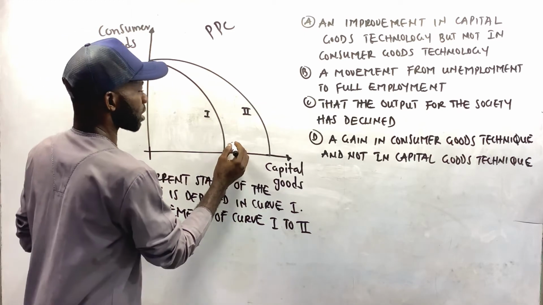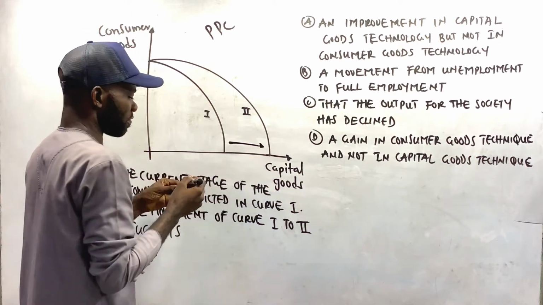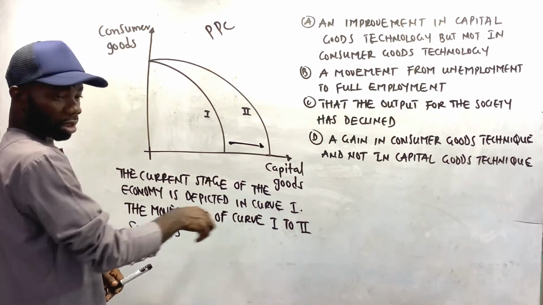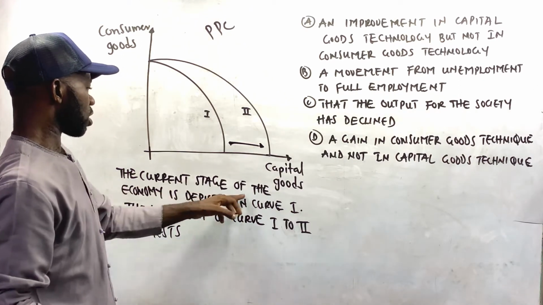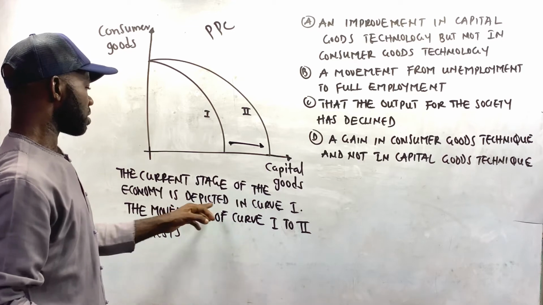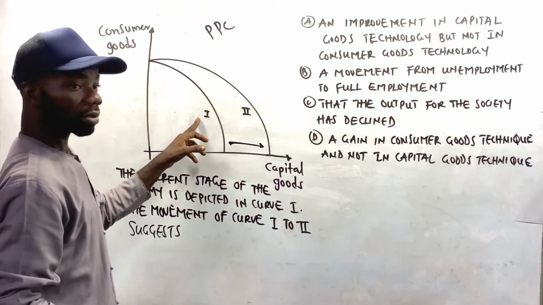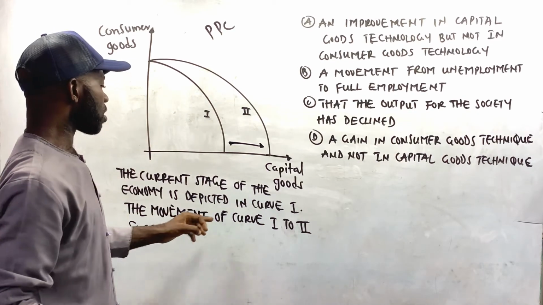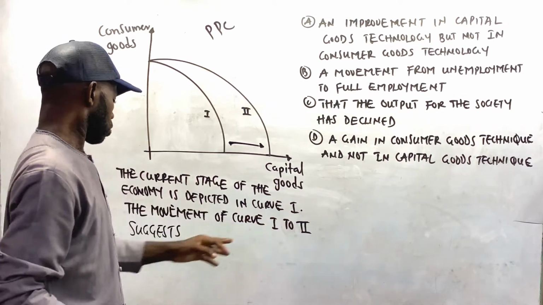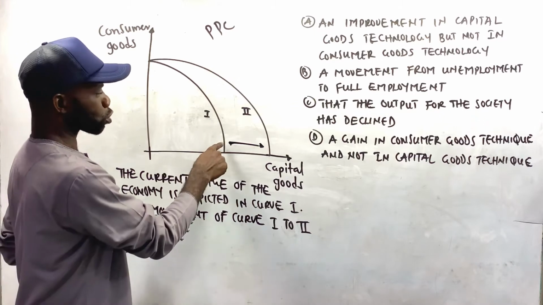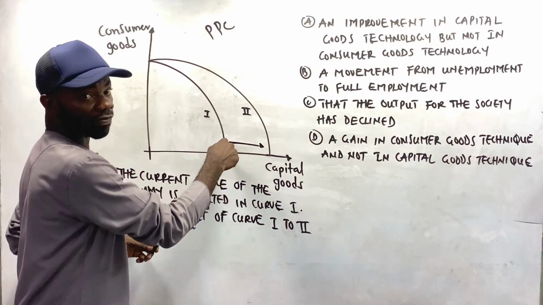This shows an outward shift. Looking at the expression in the question, the examiner says the current stage of the economy is depicted in curve. The movement of the curve 1 to 2 suggests, so 1 to 2, I'm trying to follow the arrow.